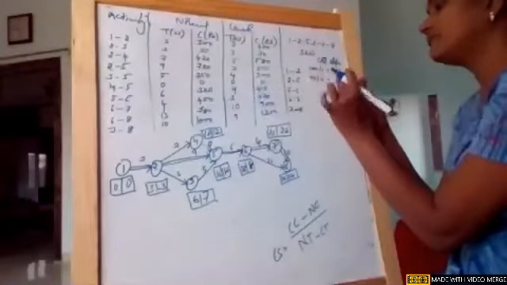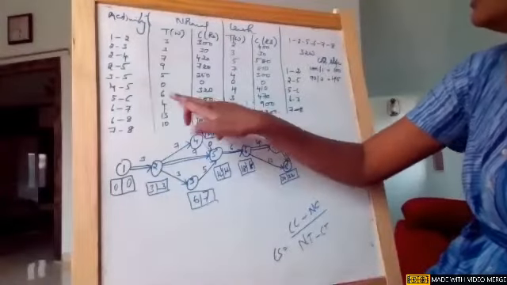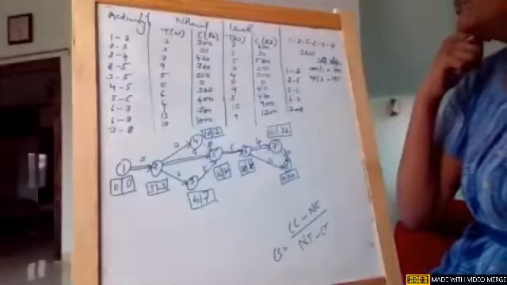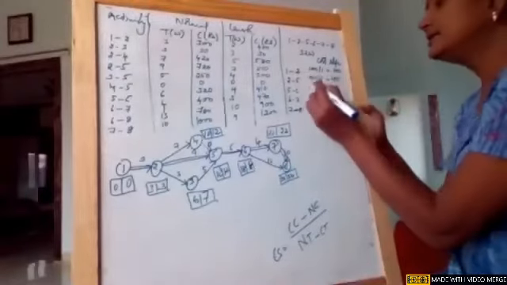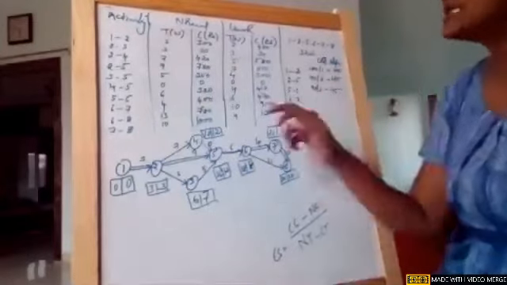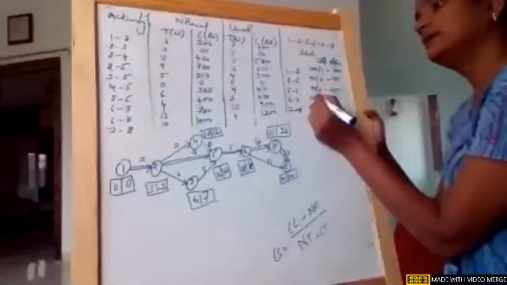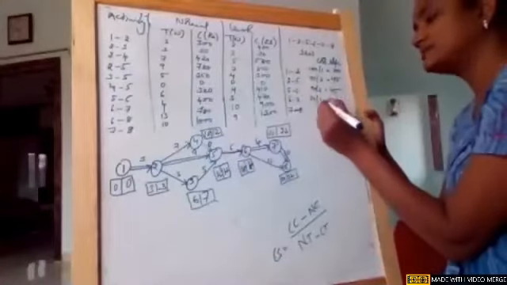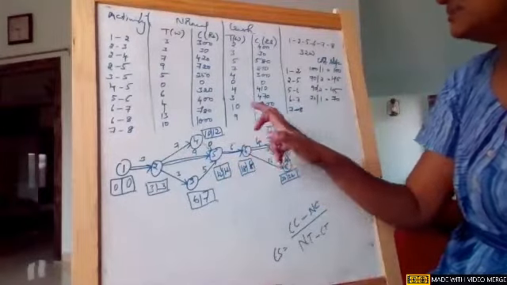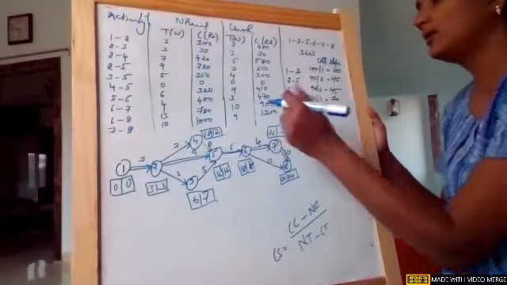So it is 45. Then 5 to 6: 410 minus 320, again 90 divided by 2, which is 45. 6 to 7: 470 minus 400, which is 70, divided by 4 minus 3, which is 1. So it is 70. 7 to 8: 1200 minus 1000, which is 200, divided by 1. So it is 200.